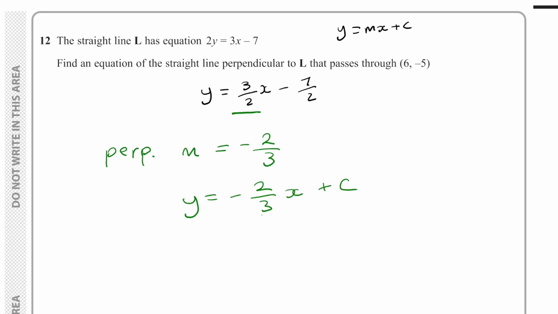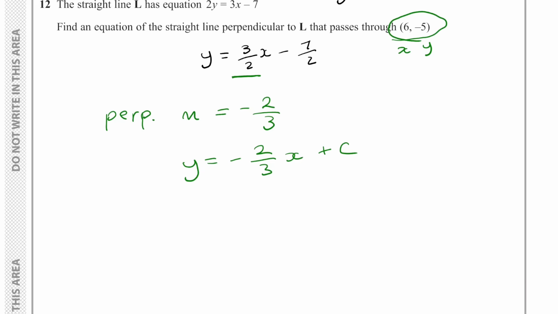We're going to need to find c, but to do that, we can use our coordinates, an x and a y. So we'll change y into negative 5 and change x into 6, and we'll find c. So negative 5 equals negative 2/3 times 6. 2/3 of 6 is 4.